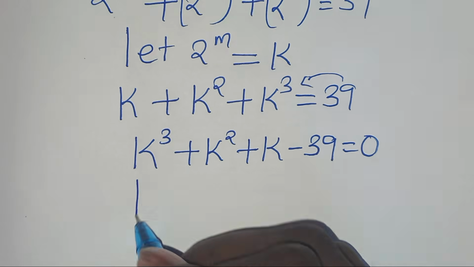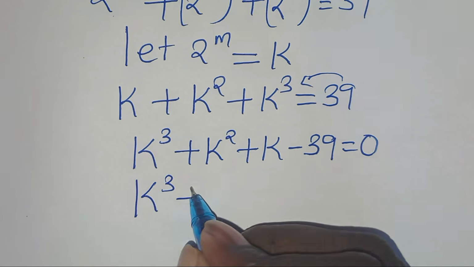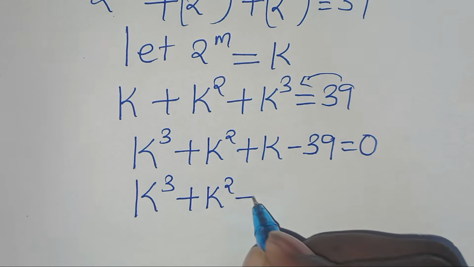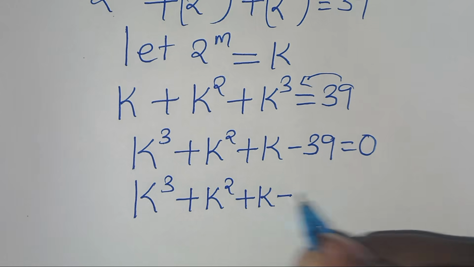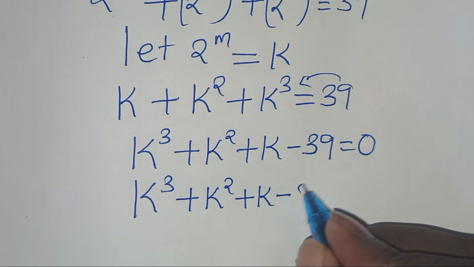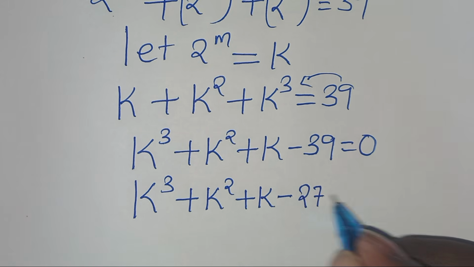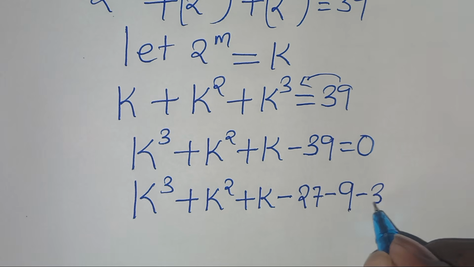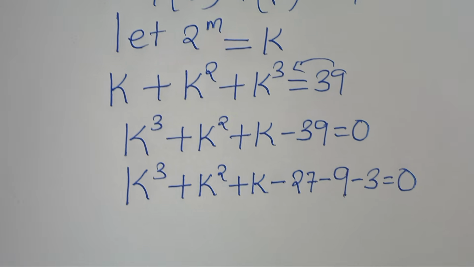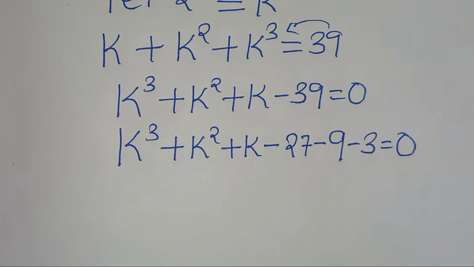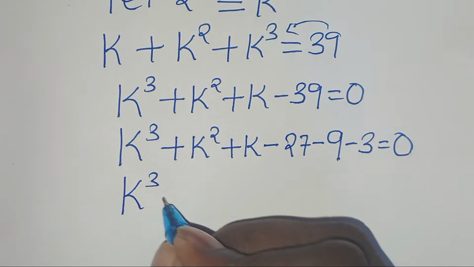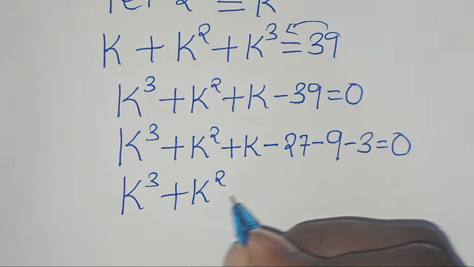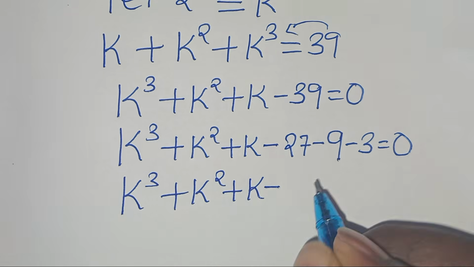So this is k to the power of 3 plus k to the power of 2 plus k, subtract 39, which is minus 27, subtract 9, minus 3. This is equal to 0. So this is to mean that we have k to the power of 3 plus k to the power of 2 plus k minus 27.